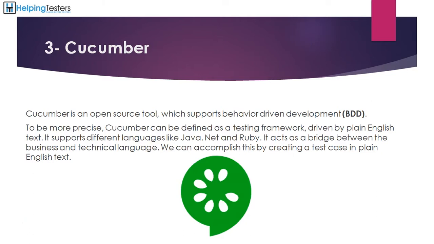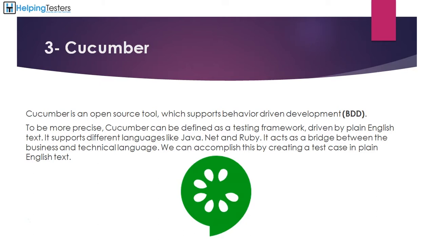Because Cucumber supports writing automation test scripts even in plain text, whereas in Selenium you should know a little bit of programming languages, like a minimal knowledge of Java or Python or C#. Here in Cucumber, you can write the automation test scripts even in plain text. It supports writing behavior-driven test cases in plain text.